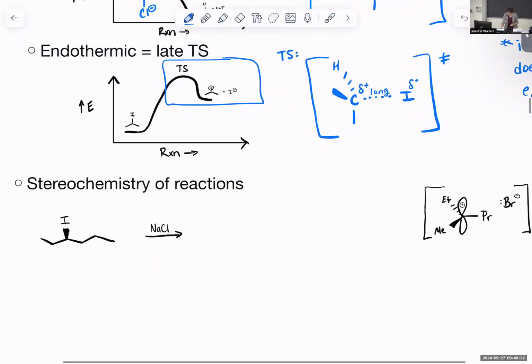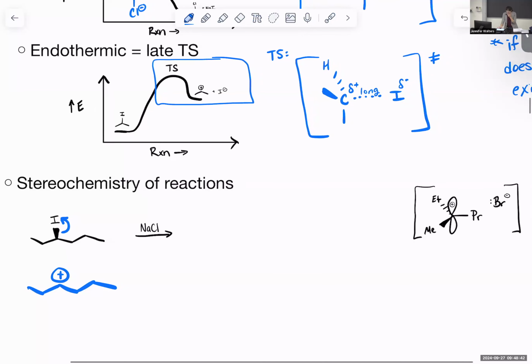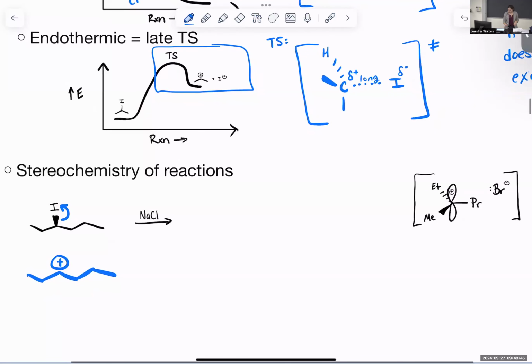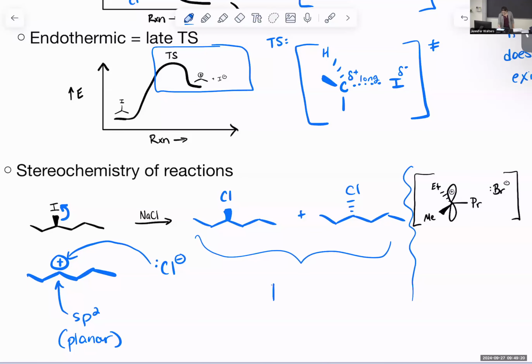So in this case, if I make a carbocation, then I'm going to get a planar sp2 hybridized intermediate, in which case my chlorine, when it attacks, can attack either from the front or from the back, to give me a racemic mixture.